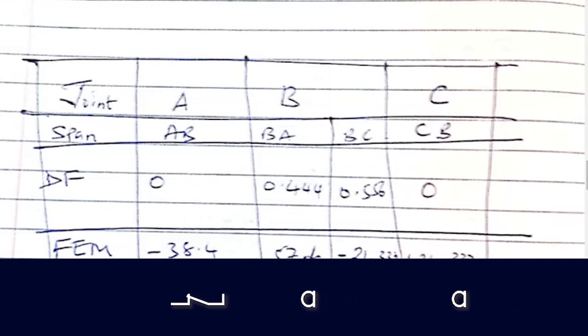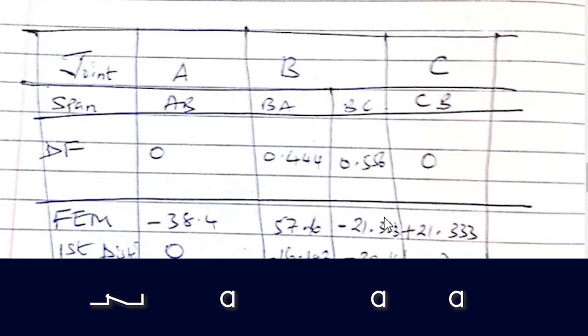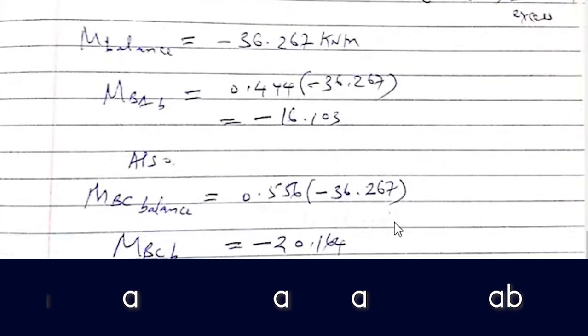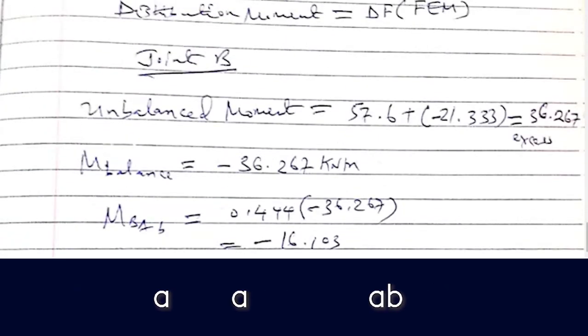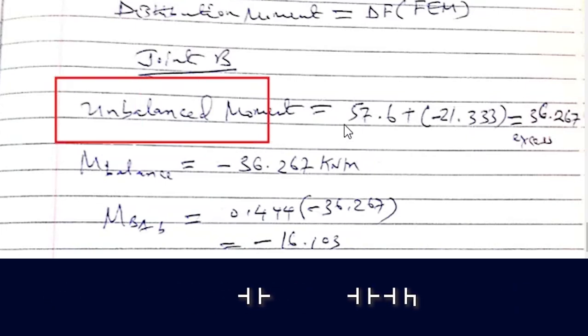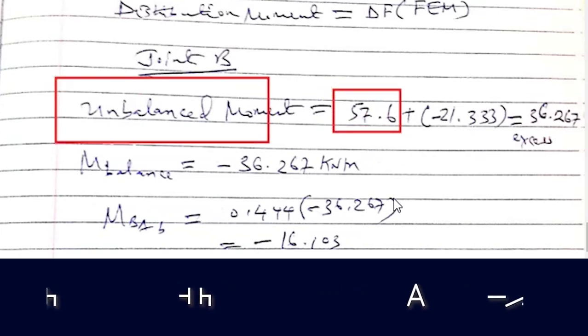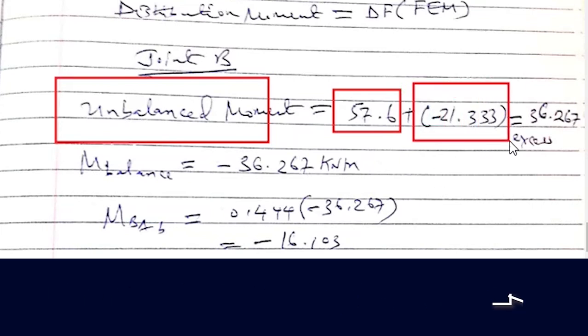Now let's look at the simple arithmetic which we did here for the unbalanced moment. If you take 57.6 and add the negative moment, which is 21.6, you have an excess moment of about 36.27.